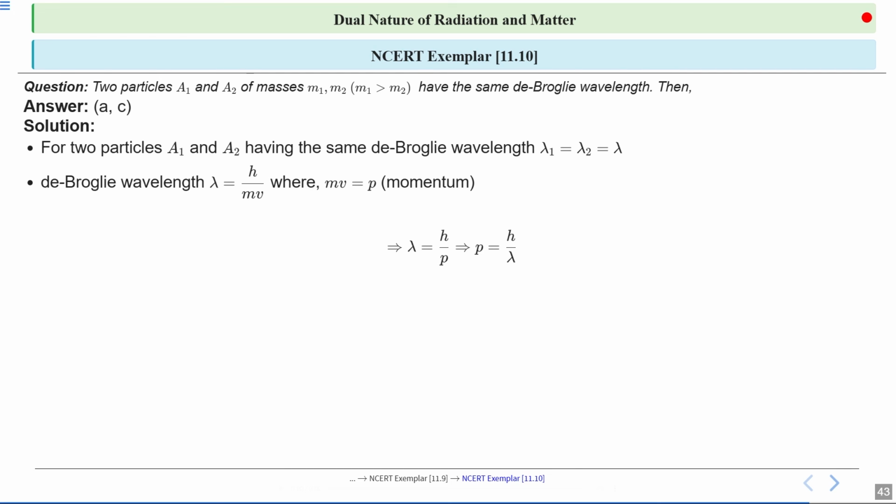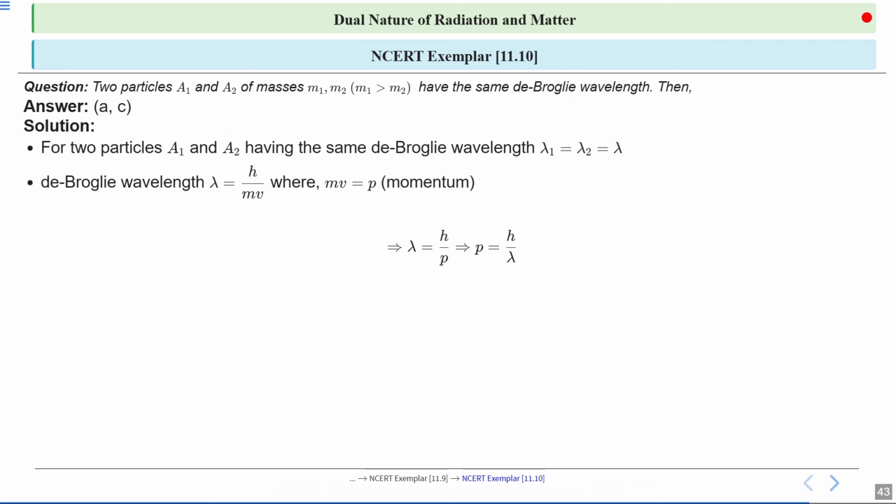So lambda is equal to h upon p, which implies p is equal to h upon lambda.